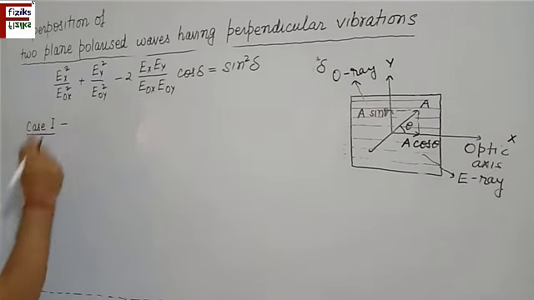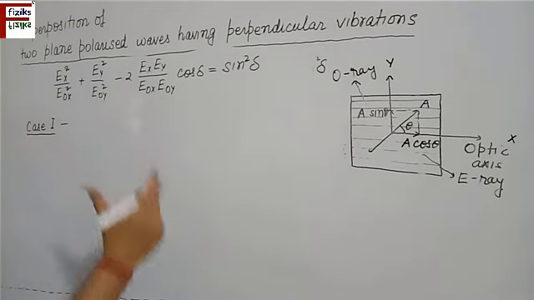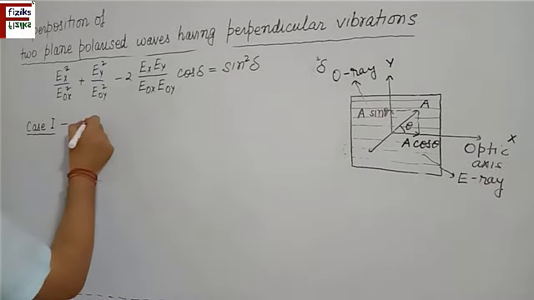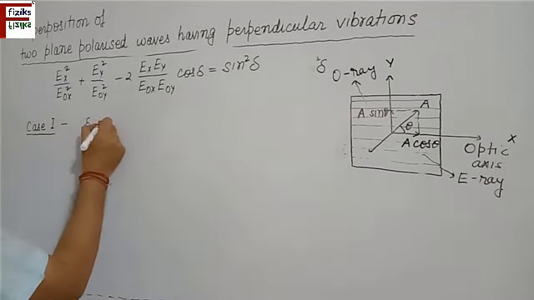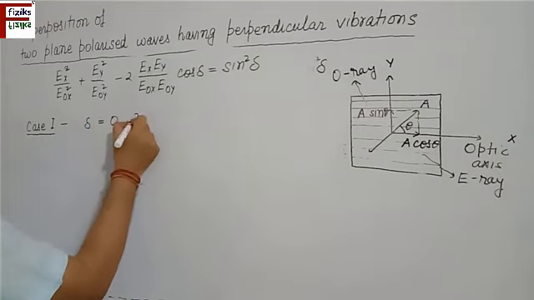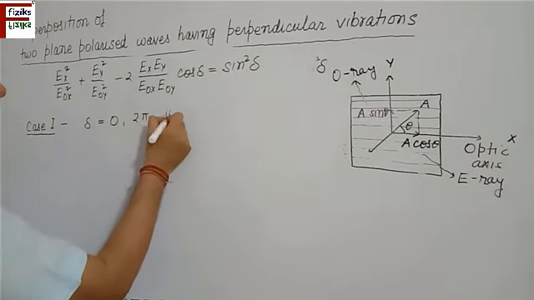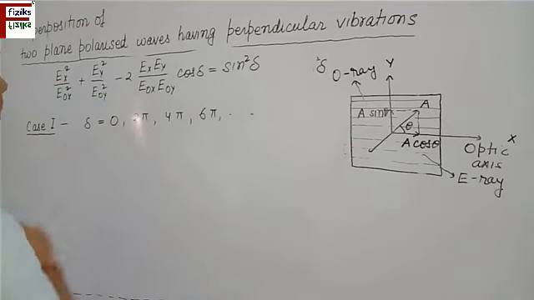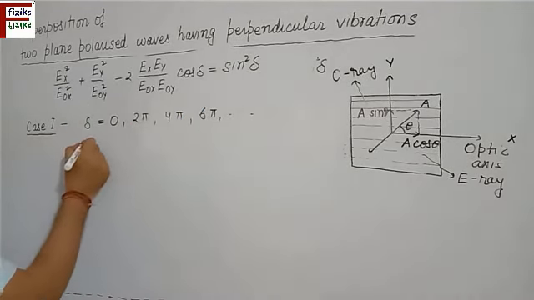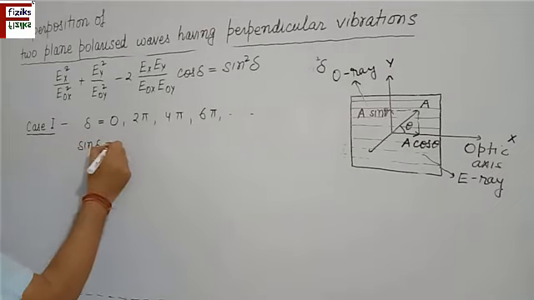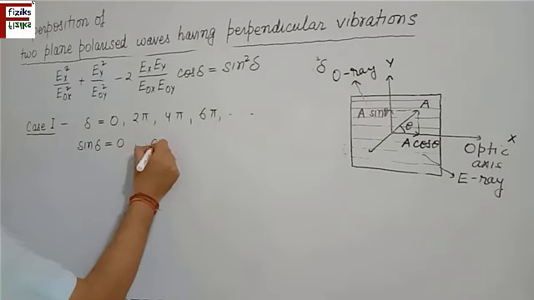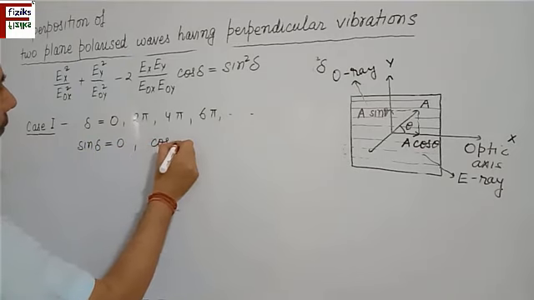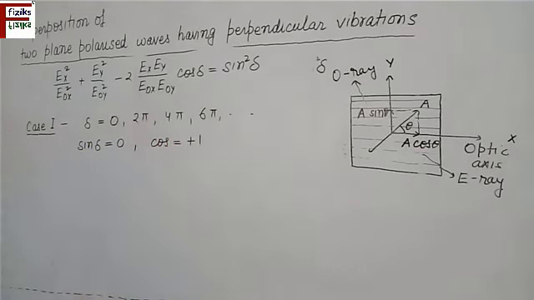In case 1, if we choose the thickness of this crystal in such a way that this delta becomes equal to 0, 2 pi, 4 pi, 6 pi, like this, then what will be the value of sine delta? Sine delta will be 0, and cos delta will be plus 1.